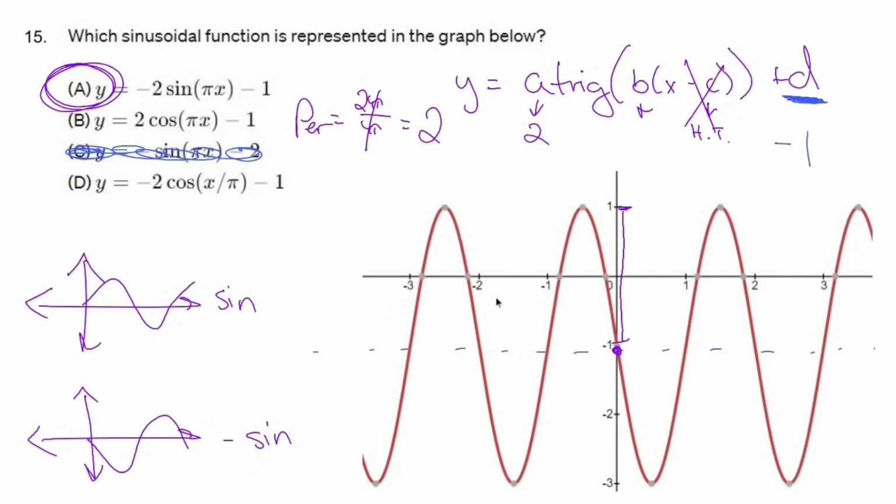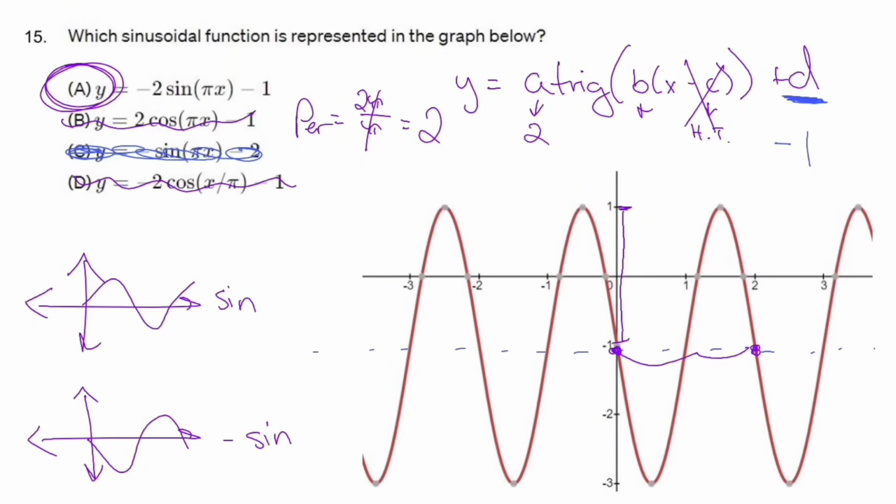If I look at an obvious spot like here and go 2 spaces later, it looks like the period is 2. So everything seems to match quite nicely. Again, negative sine, period of 2, which makes a frequency of pi. It goes down 1, giving the midline of -1. So yeah, the answer is going to be A.